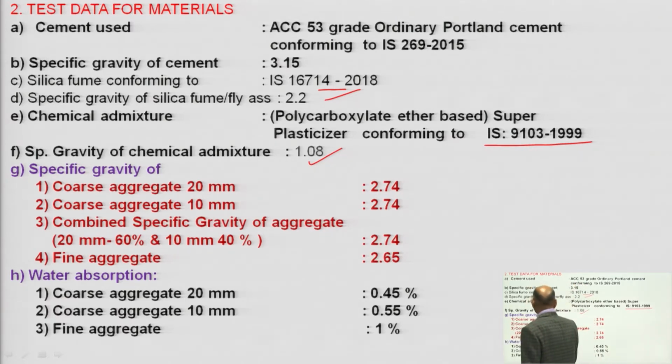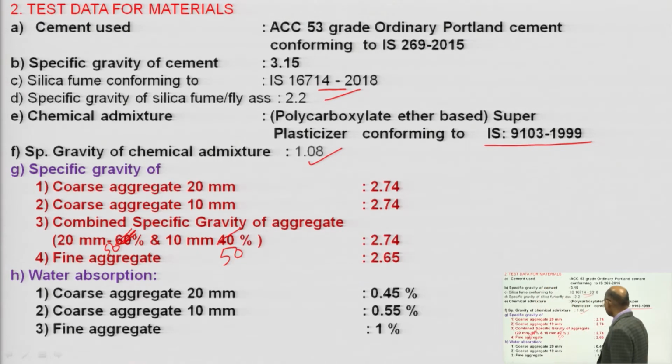Actually this is 50-50. For this problem, just note down, 50% is 10 mm downside and 50% is 20 mm downside. Their specific gravity is given: for coarse aggregate 2.74 and for fine aggregate 2.65.